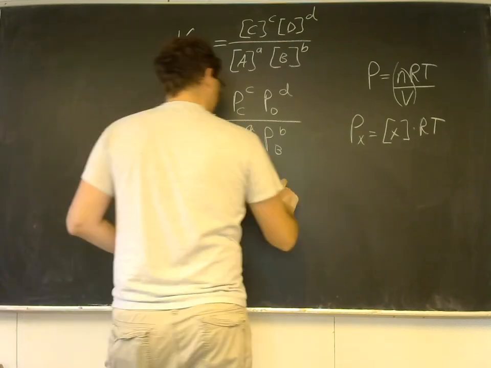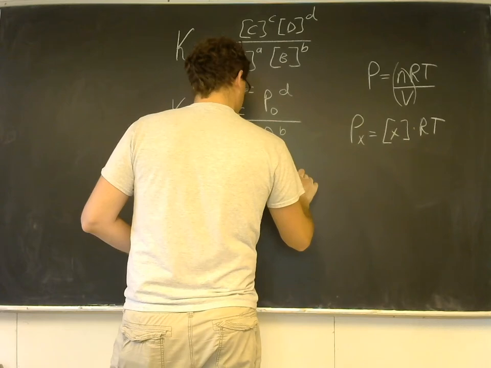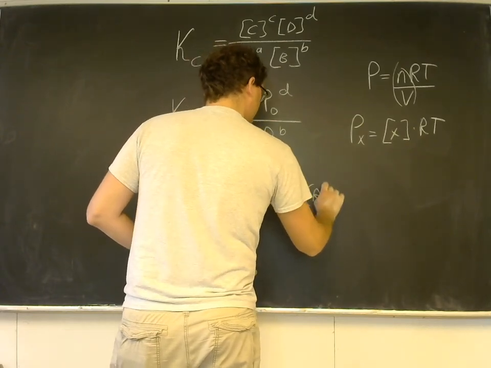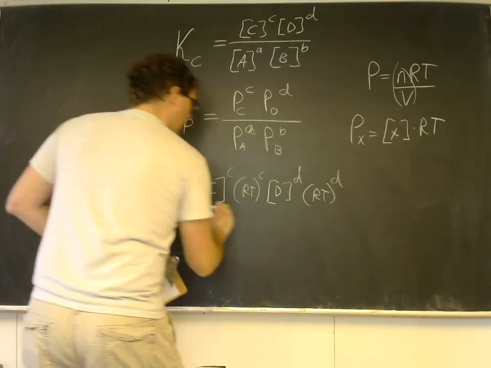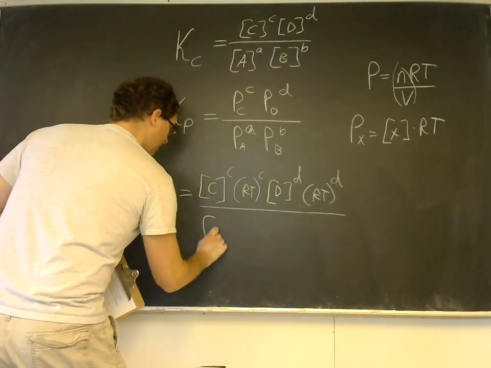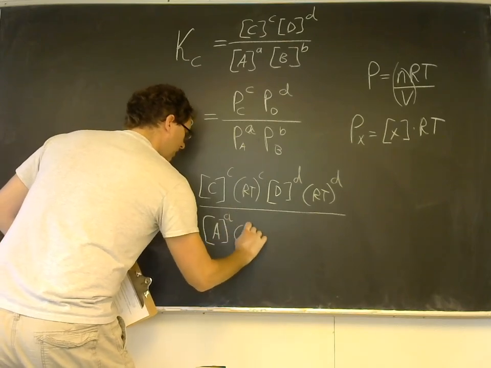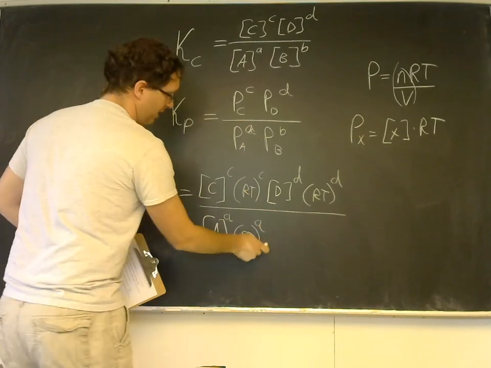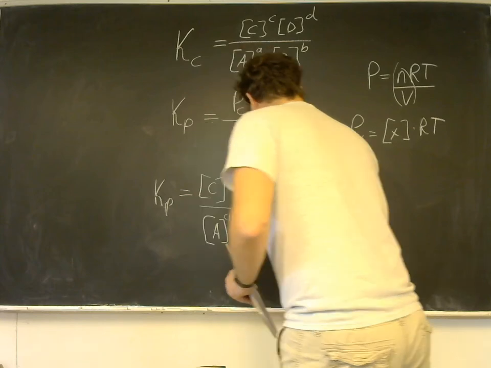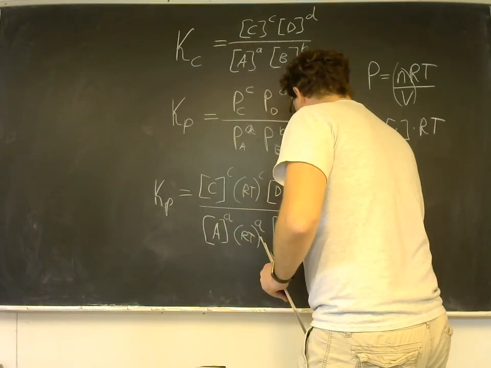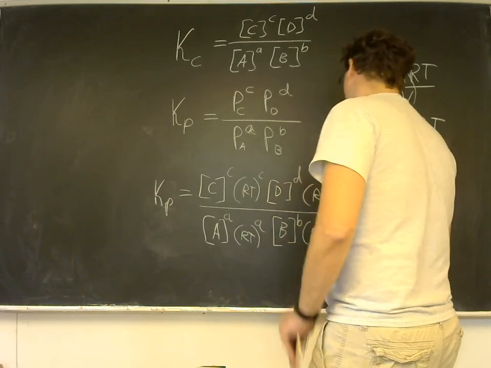And I would get the concentration of D raised to the power of d times RT raised to the power of d. And down here I would get the concentration of A raised to the power of a times RT raised to the power of a, because that is what the pressure of A equals. And then the concentration of B raised to the power of b times RT raised to the power of b.